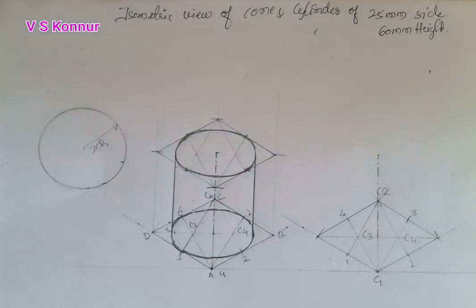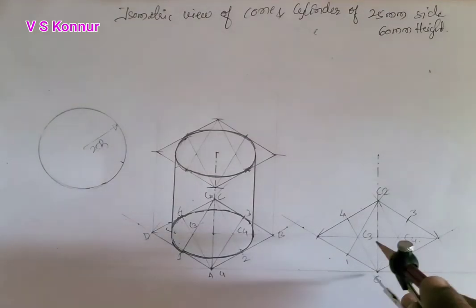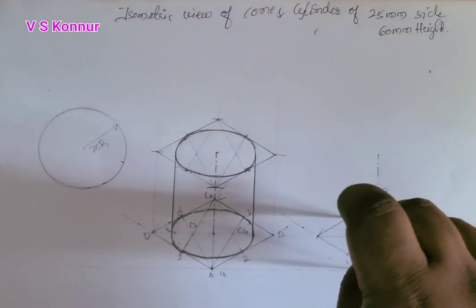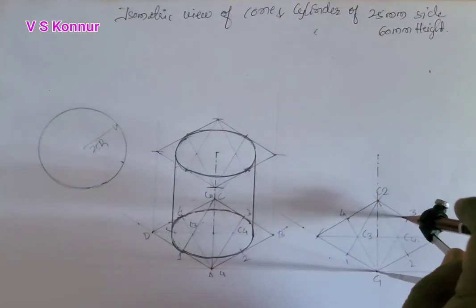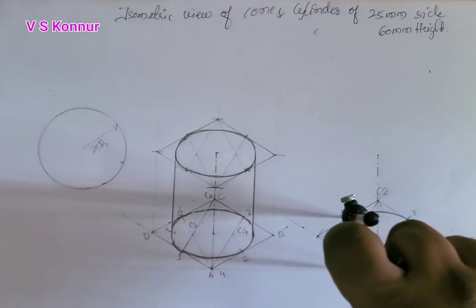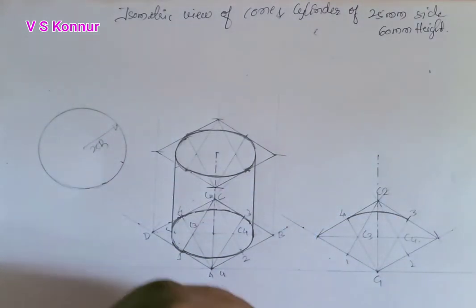Now we have to draw this bottom circular part. So by taking C1 as center, 4 and 3 should meet each other. Because of some variation we may not get it here. So now we got it exactly, no problem.